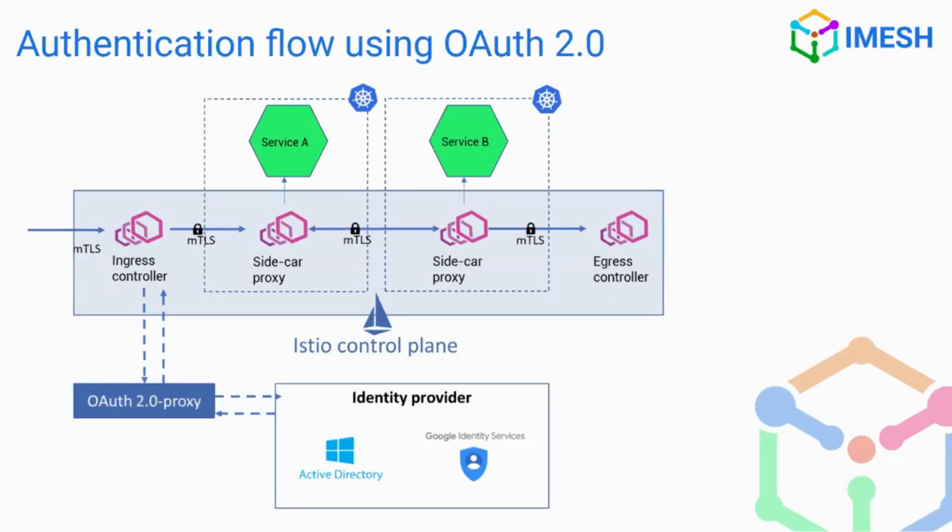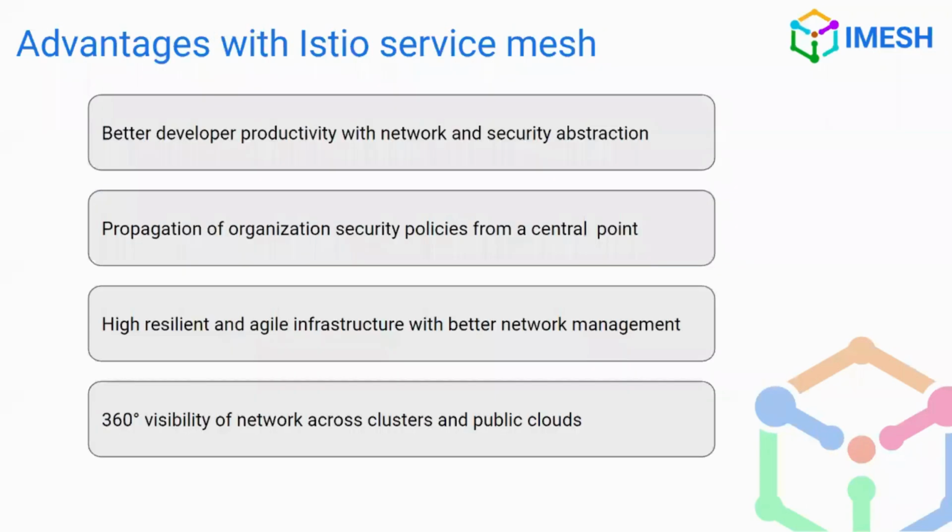Istio's built-in support for OAuth2 and OIDC makes it much easier to enforce authentication and authorization policies across our services. Let's now discuss the advantages of the Istio service mesh.